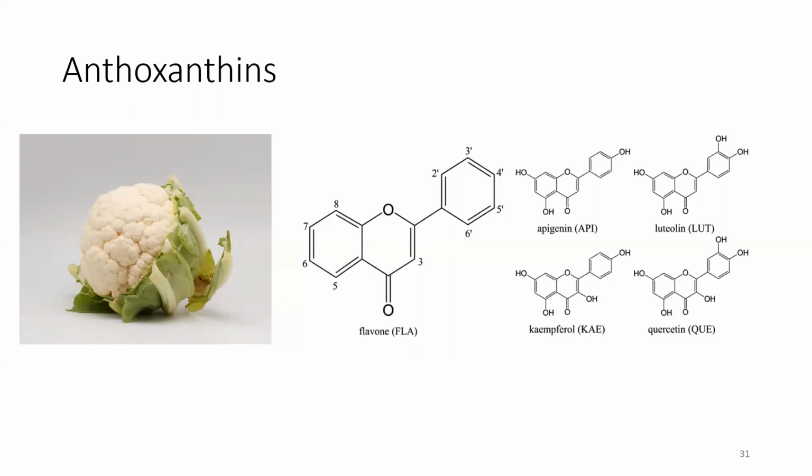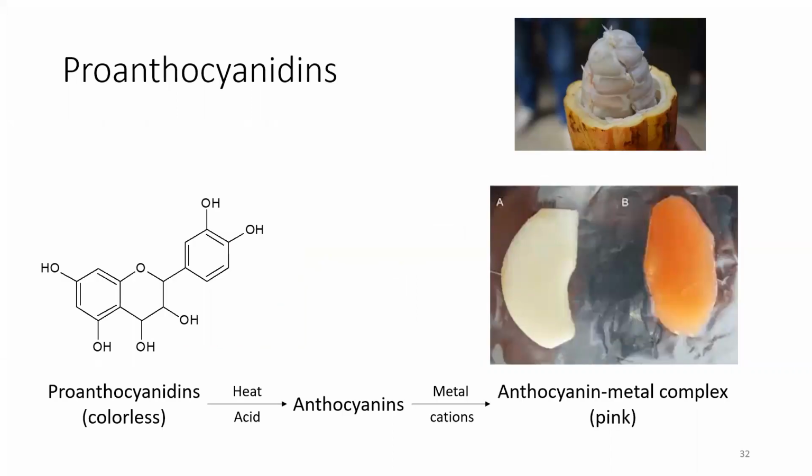So that's all you really see is the chlorophyll. But they are in the cauliflower there, and that's why it's white. They're in apples, and that's why the apples are white. So they are seen sometimes in some of these products. They're present.